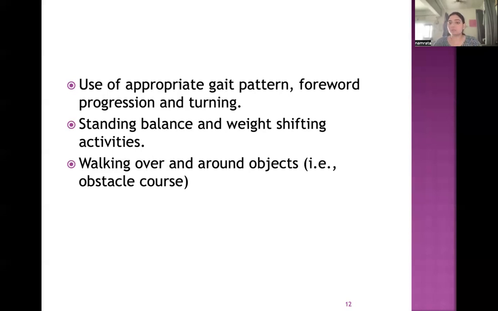I saw many stroke patients, they freeze when it comes to obstacle walking, right? If you keep a small stool in their walking path, they will surely freeze. They do not know what to do. They do not know if they can walk over that particular stool, if they can walk from the side of that stool.